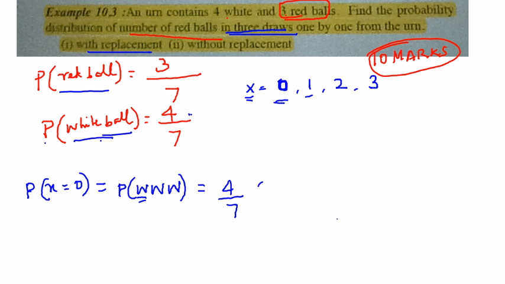Now second chance also I'm getting only a white ball, and please note that it is with replacement. So when I'm taking the ball, I'm putting the ball back inside after seeing the color, so the number of balls in the denominator always remains the same. So 4 4s are 16, 16 into 4 is 64, and 7 cubed is 343.